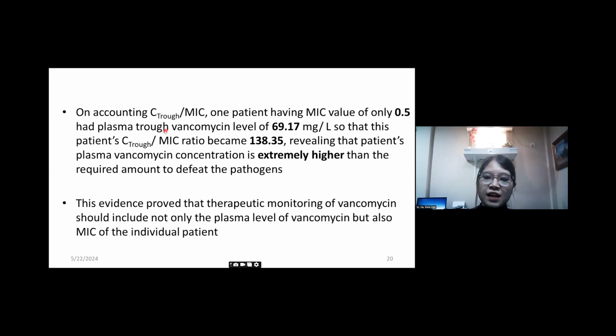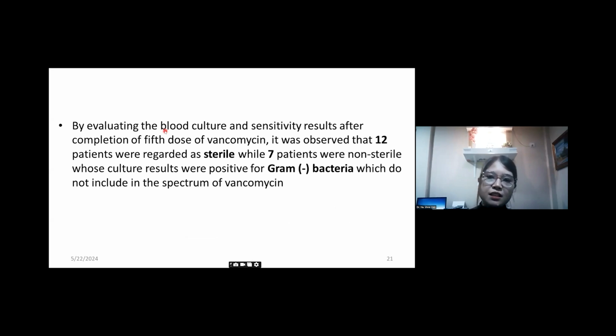This evidence proved that therapeutic monitoring of vancomycin should consider not only the plasma level of vancomycin, but also MIC of the individual patients. By evaluating the blood culture and sensitivity results after completion of the 5th dose of vancomycin, 12 patients were regarded as sterile, while 7 patients were positive for gram-negative bacteria, which do not fall under the spectrum of vancomycin's activity.